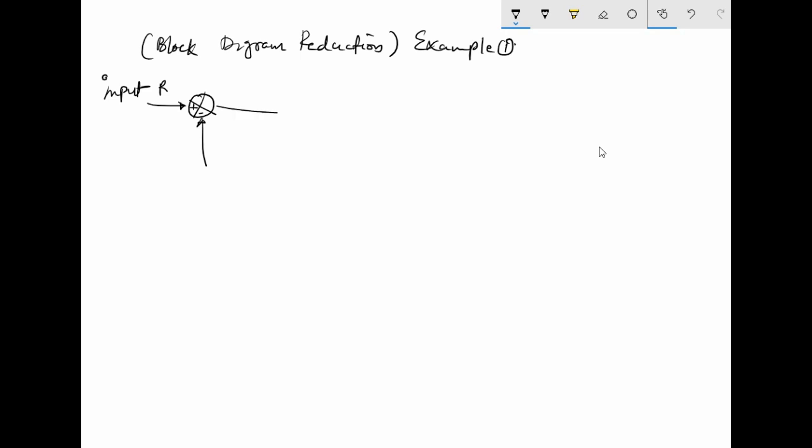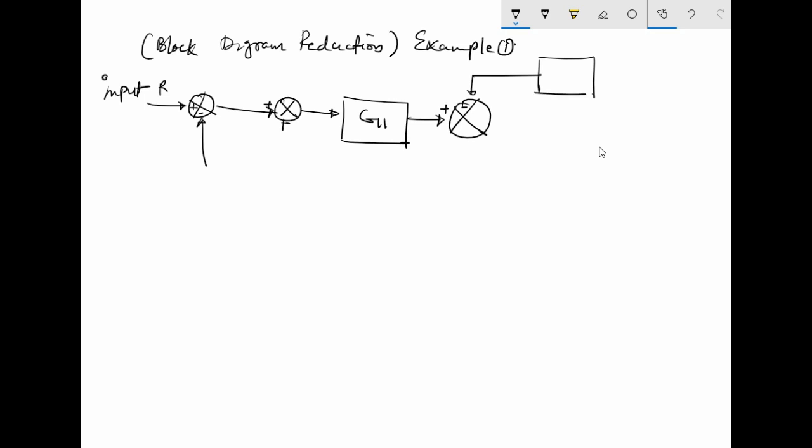And if I go ahead, there is one more summing point and both are positive here, and then this is my first transfer function which is given by G1. And again if you go, then I have this another function which is a feedback function coming from the output signal which is CS.